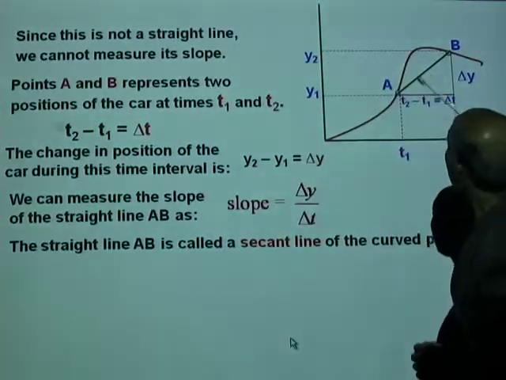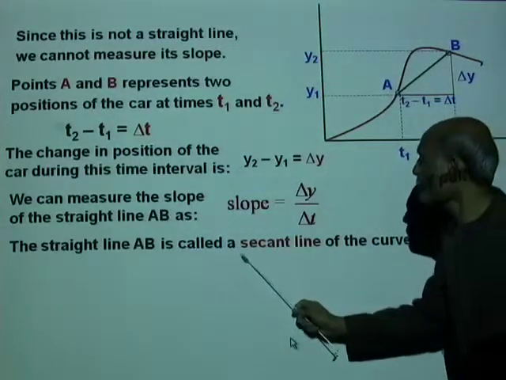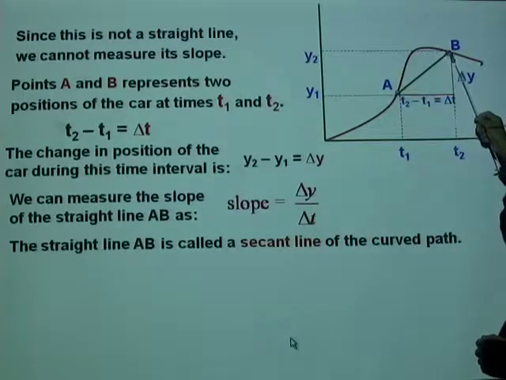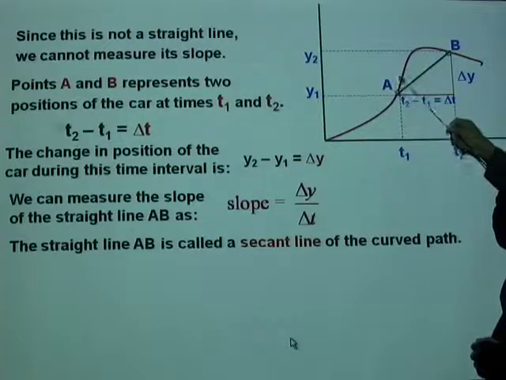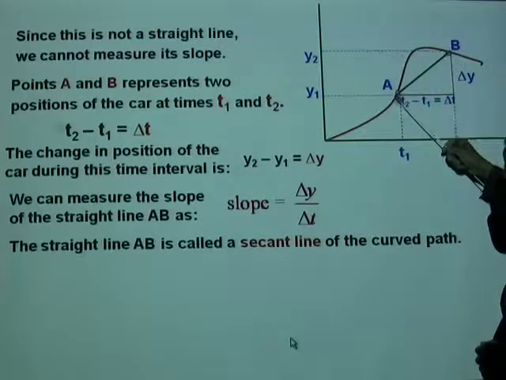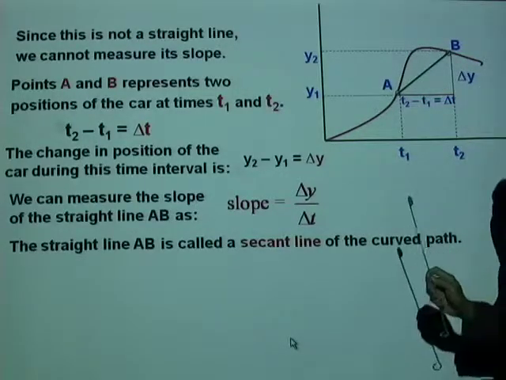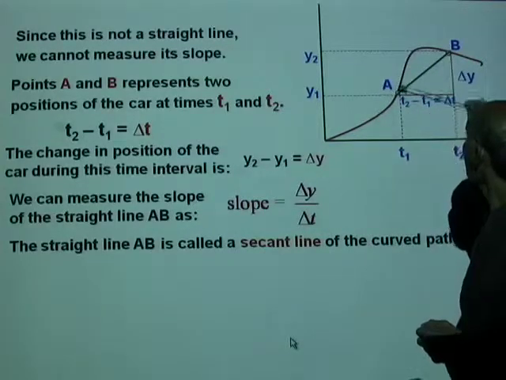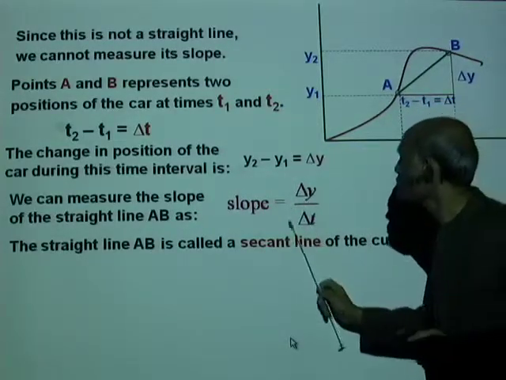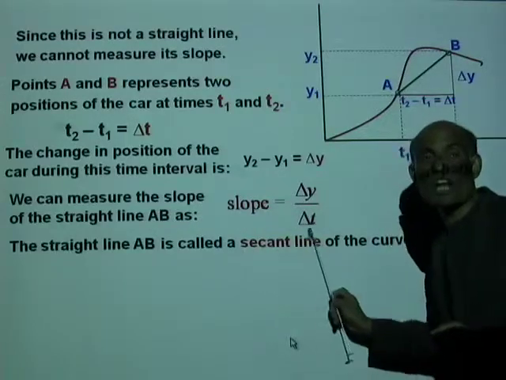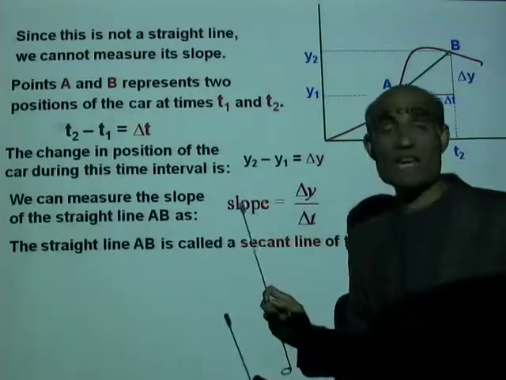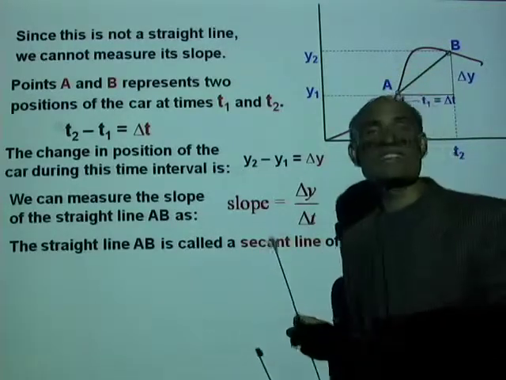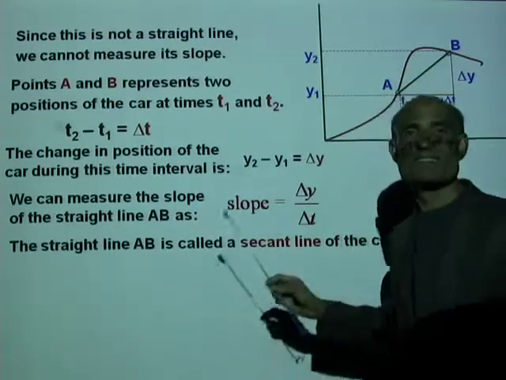Now, this line AB is very often called the secant line of this curve. So, if this is the curve AB, then the line AB is called its secant line. So, delta y by delta t is the slope of the secant line joining points A and B. Now, what does the slope of the secant line actually represent?